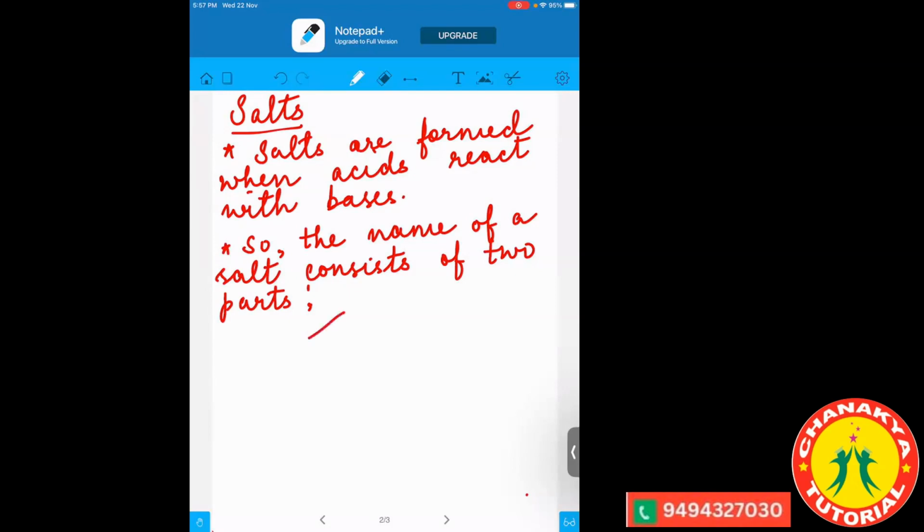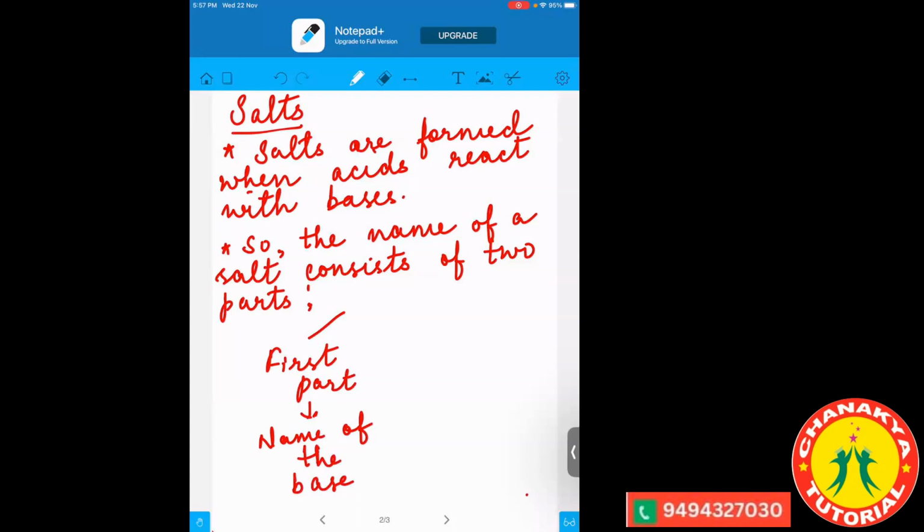Out of these two parts, the first part of the name is derived from the name of the base. So always keep in mind, the first part of the name of the salt will be derived from the name of the base.